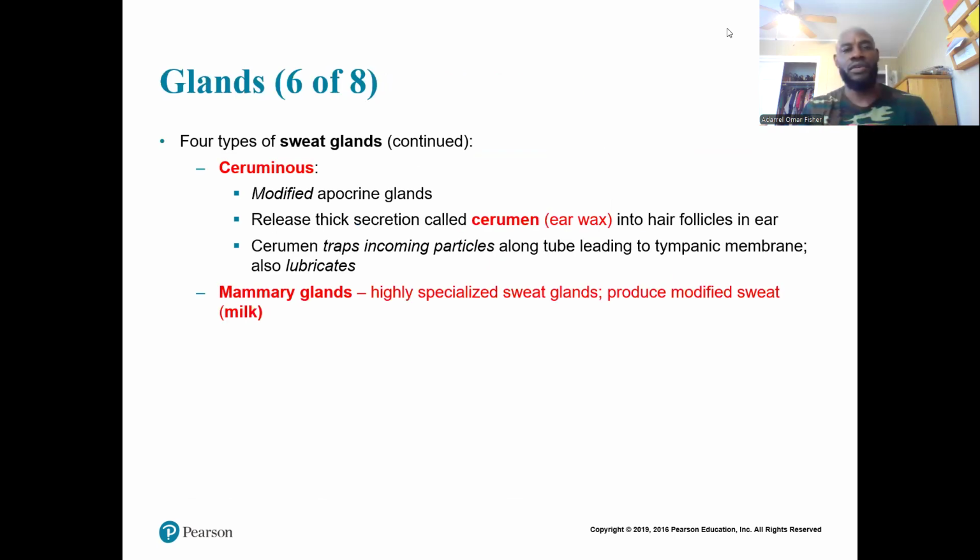We also have ceruminous glands, which is a modified apocrine gland. This is your earwax, right? So they secrete into the hair follicles in your ear. It helps trap incoming particles into your ear.